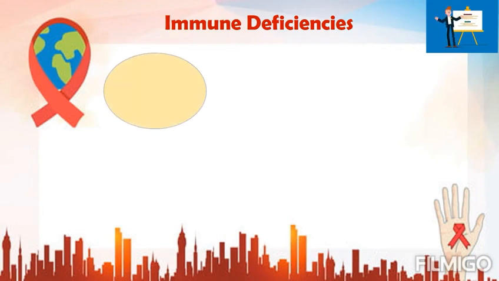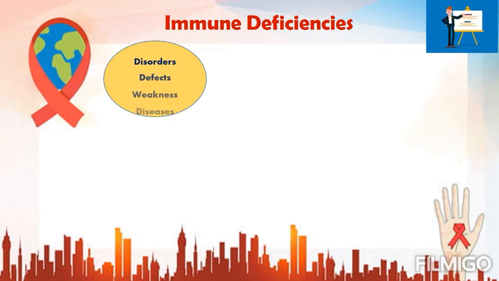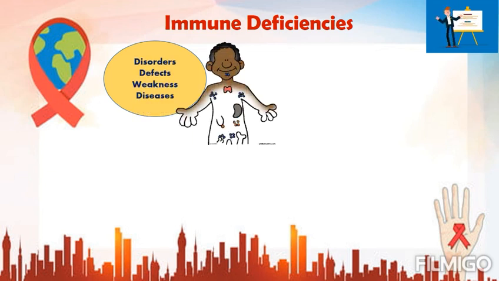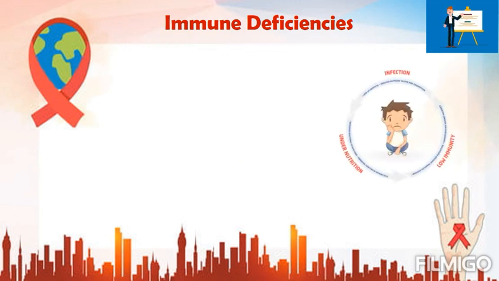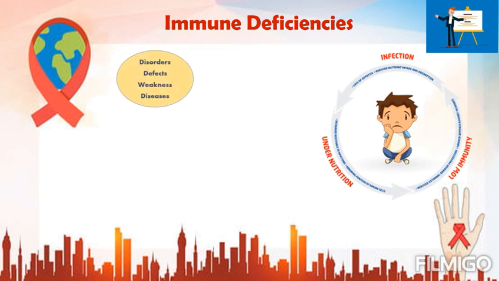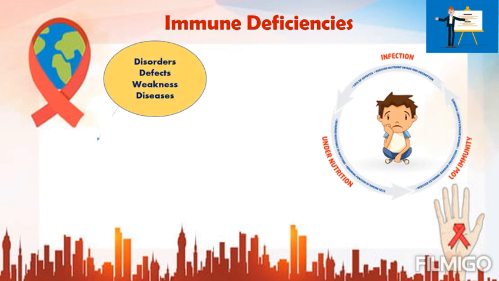Immune deficiencies. Deficiency means a disorder, defect, weakness, or disease that affects the immune system, our immune system. From this term come immunodeficiencies, and these deficiencies keep us vulnerable to infections, with low immunity.